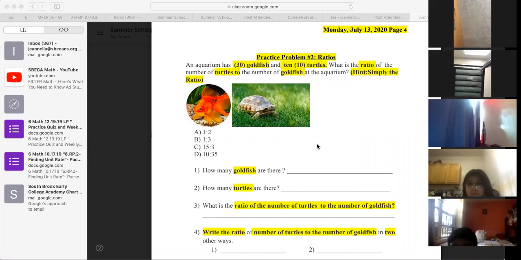What is the ratio of the number of turtles to the number of goldfish at the aquarium? Hint: simplify the ratio.